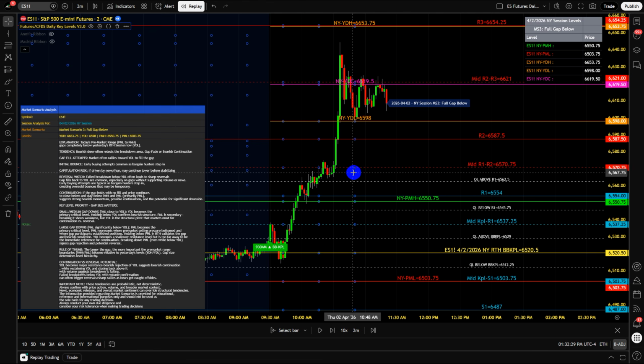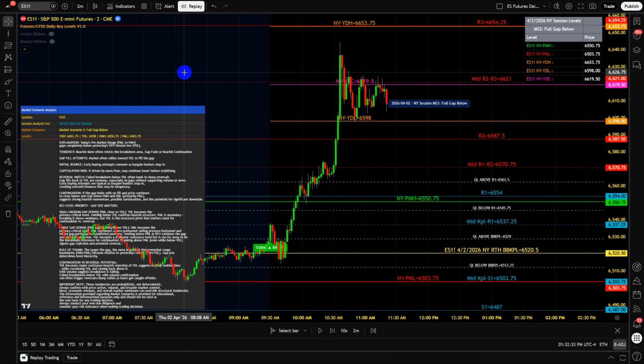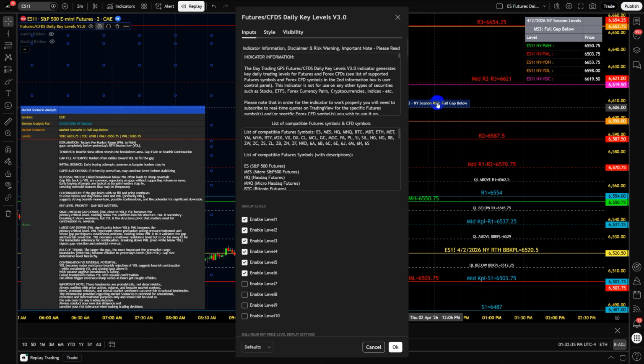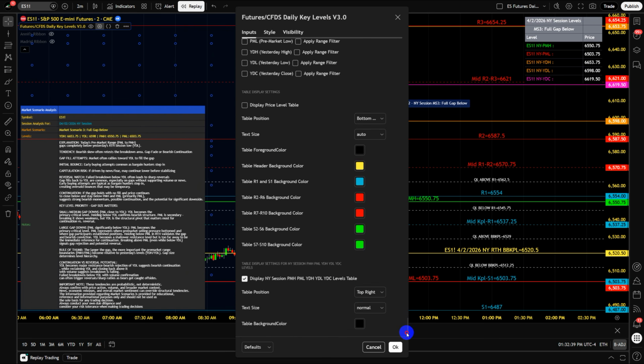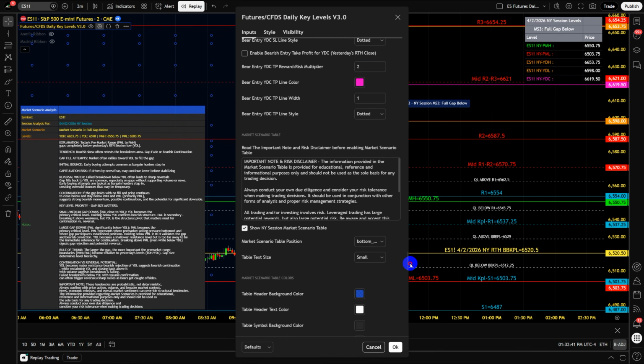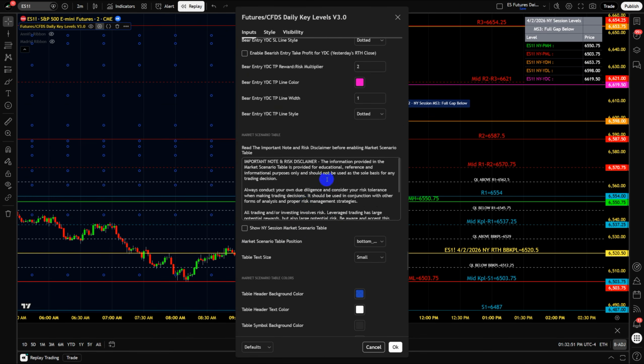Okay, so now we're going to look at the historical session tools that the indicator has. First thing we're going to do is turn off this market scenario analysis table. And now we're going to set up the chart for looking at historical sessions.